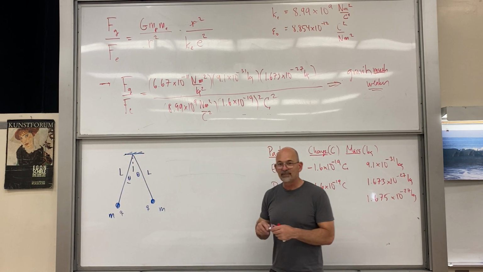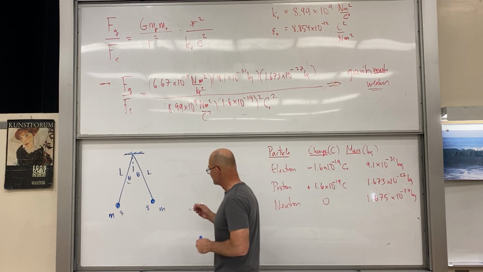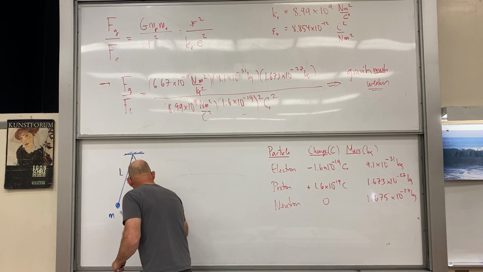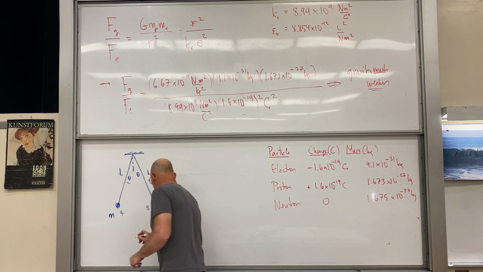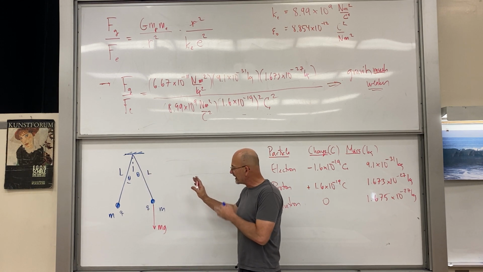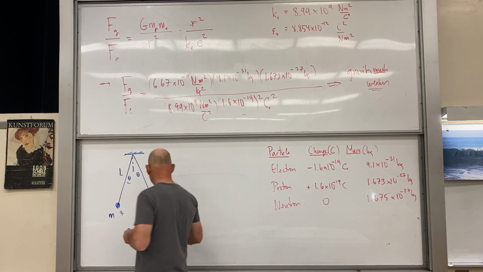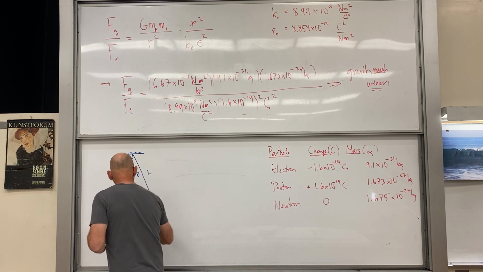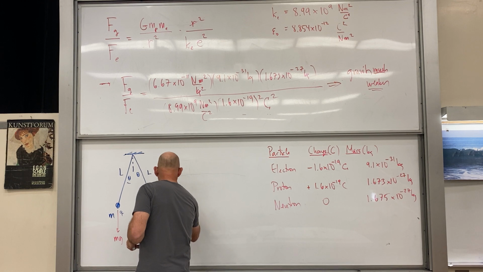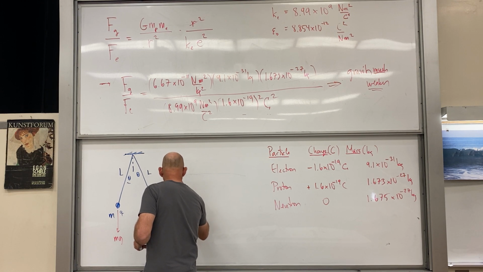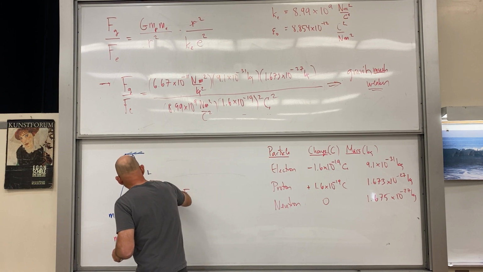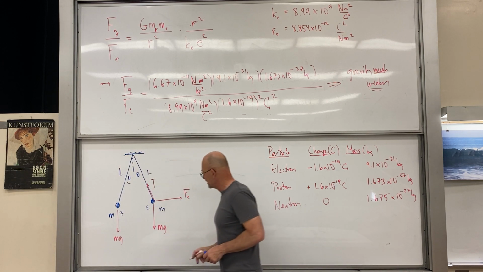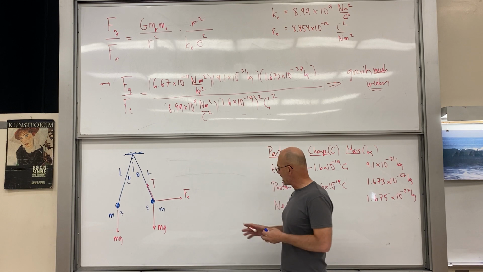So what we want to do is set up the free body diagram. We know we have symmetry, so it'll suffice to just look at the right side. We have mg, F sub E, and a tension T.